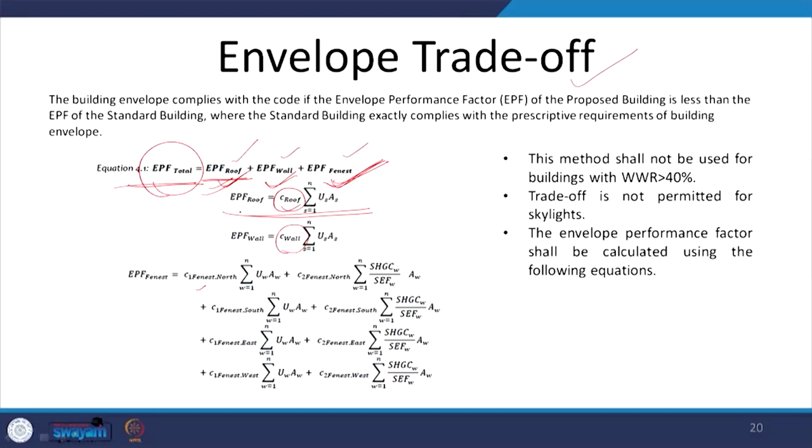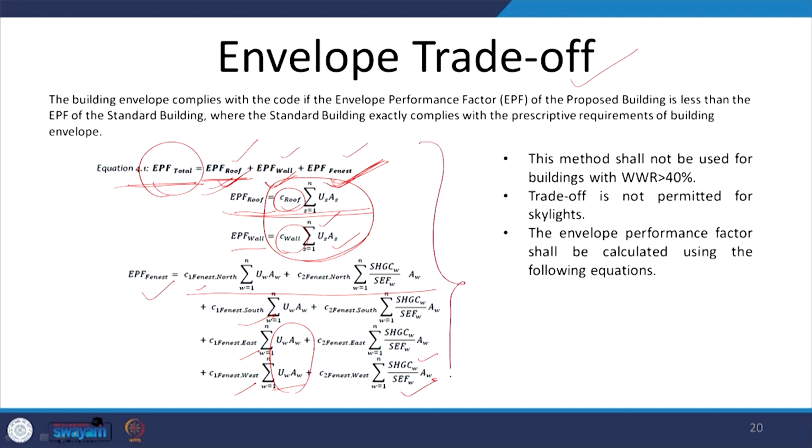For the calculation of EPF of roof and wall, we multiply the U values with the areas and calculate the sum total of it for different types of materials which are prescribed on the roof and wall. There may be a combination of materials used, and then for EPF fenestration we calculate it for all the different directions. So, we calculate it for the north, south, east and west separately for both the properties, that is U value and the SHGC with relevant SEFs.